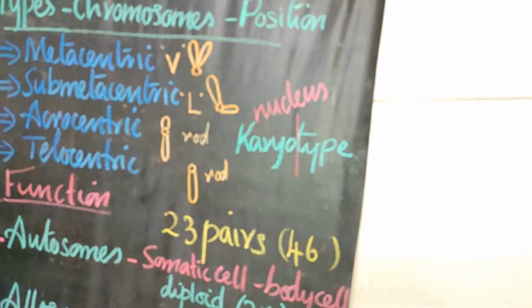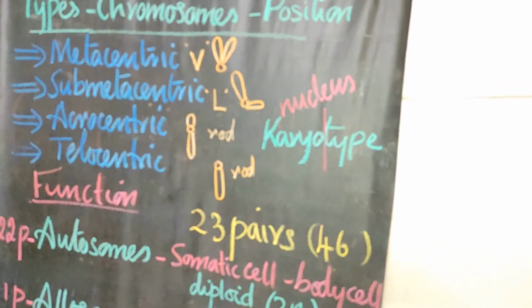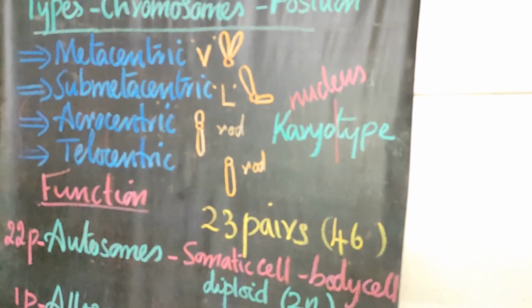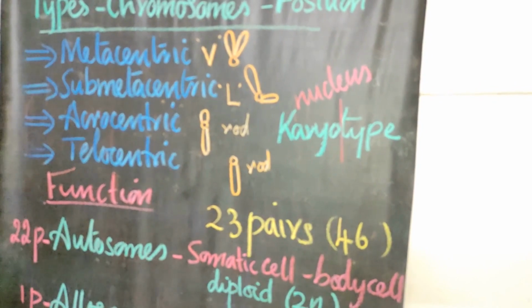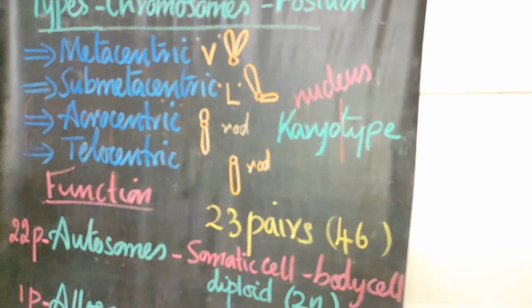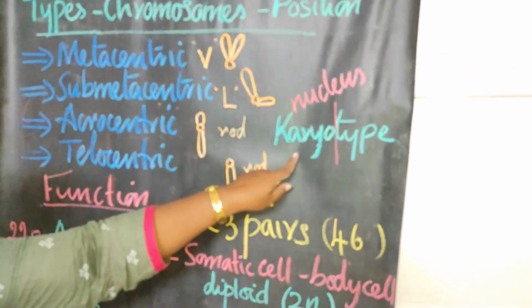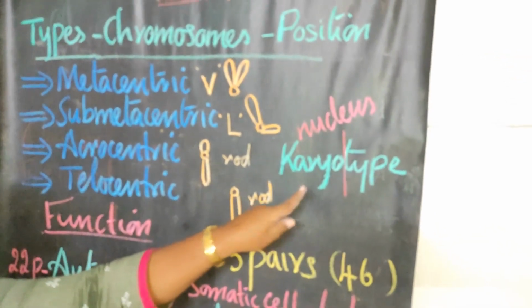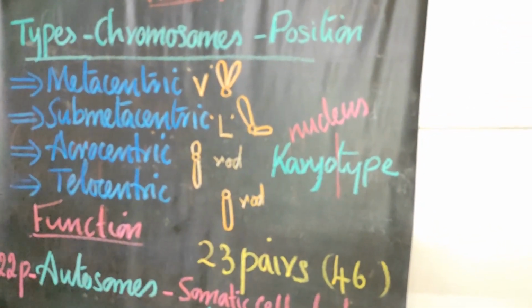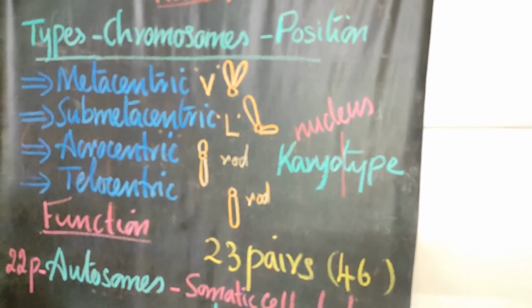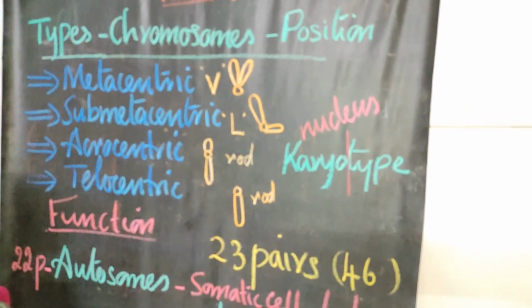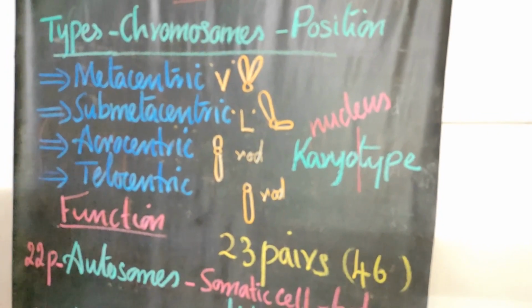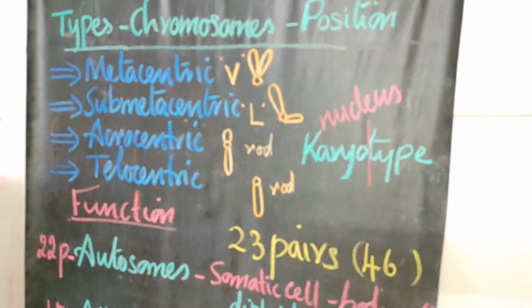So karyotype is the arrangement of number, size and shape of chromosomes in the nucleus of an organism. Define karyotype: karyotype means arrangement of number, size and shape of chromosomes in the nucleus of an organism.